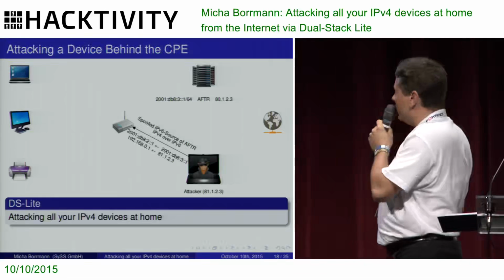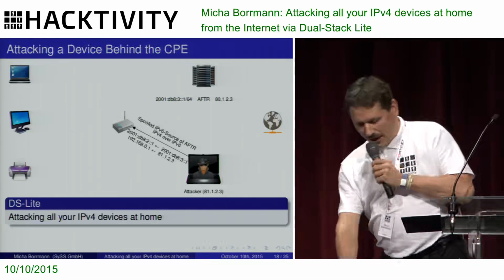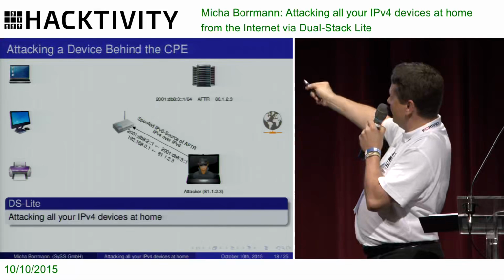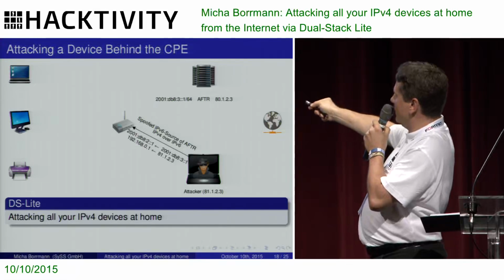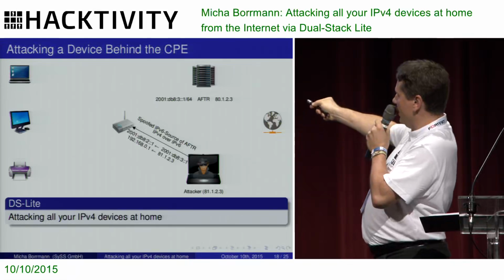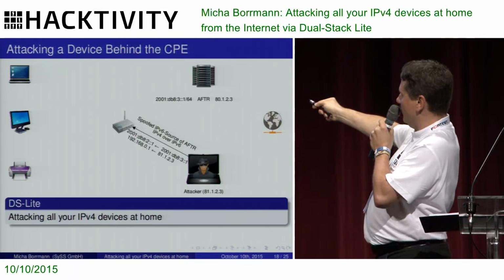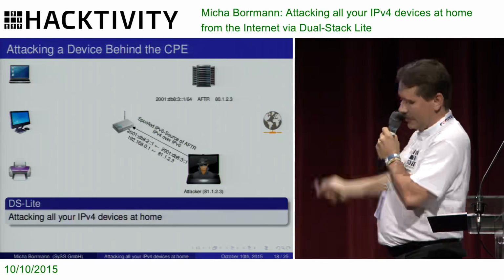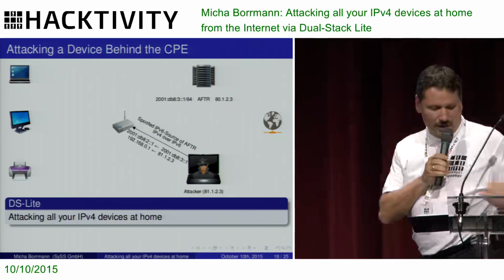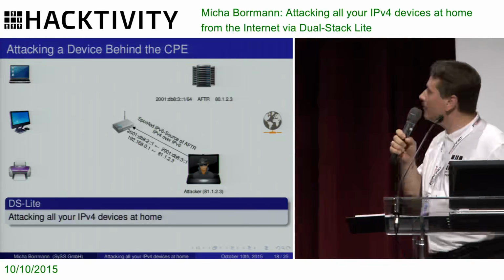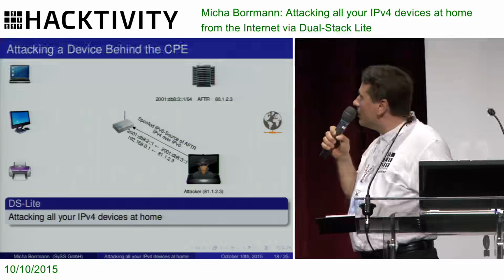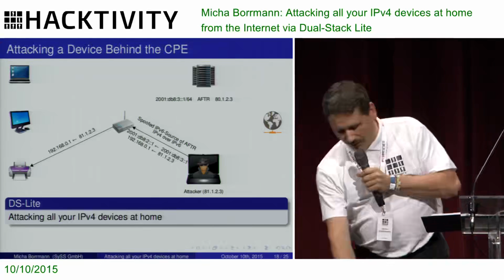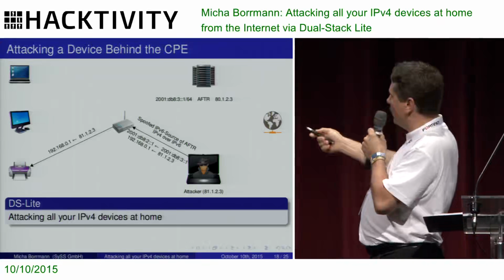As an attacker in the internet, I should try to spoof the AFTR IPv6 address with a unique, reachable public IPv4 address and send this packet to the CPE, to the router. The router decapsulates it, and it results in a normal IPv4 packet.